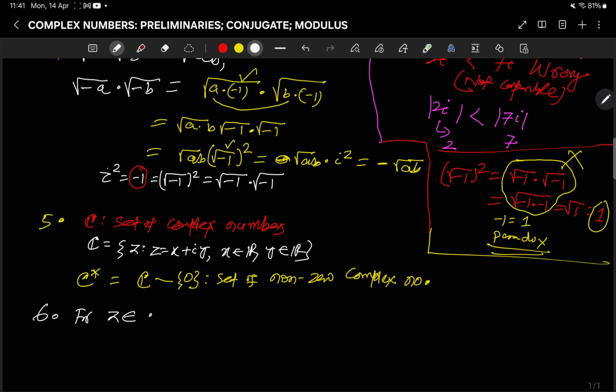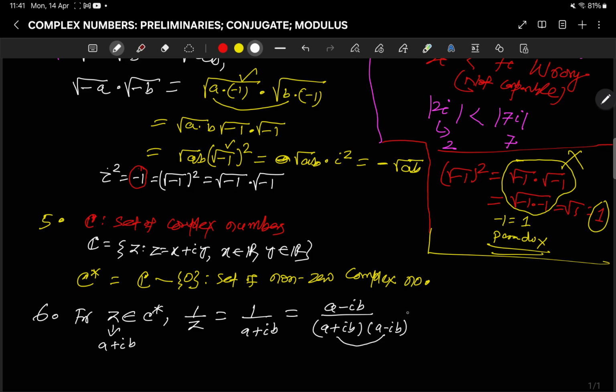Now if I think of the reciprocal, for Z in C star, what is my 1 by Z? Let Z be A plus iB, so 1 by Z is 1 by A plus iB. I should multiply by A minus iB, so it is A plus iB into A minus iB. You can multiply it. So it is A minus iB by A square minus B square formula, which is A square plus B square.